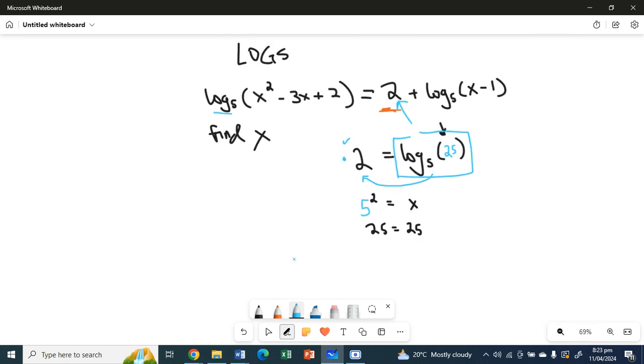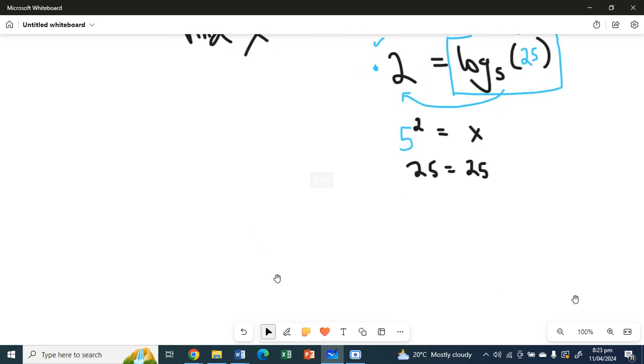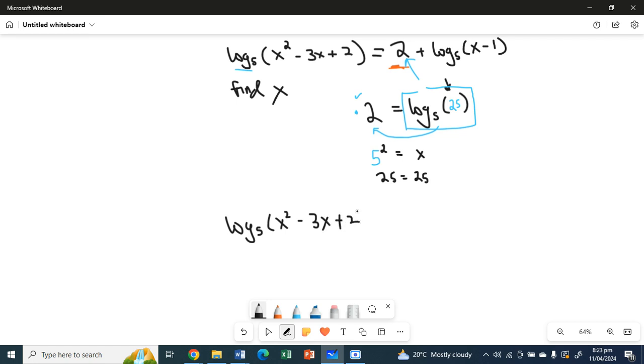Okay, so now we write down our expression again. So we say log 5 of (x squared minus 3x plus 2) equals, so this 2 we will replace with log 5 of 25.